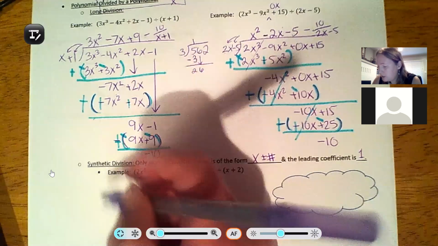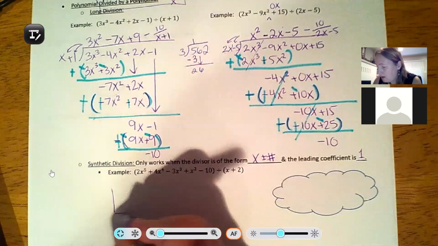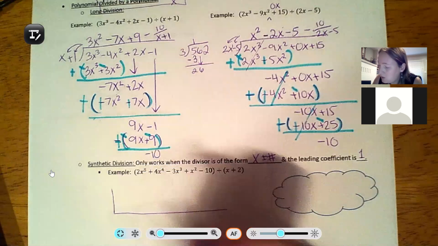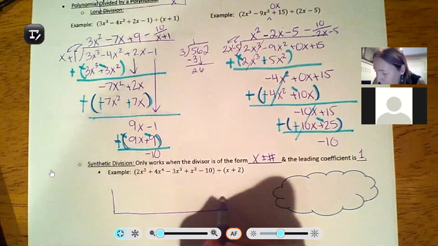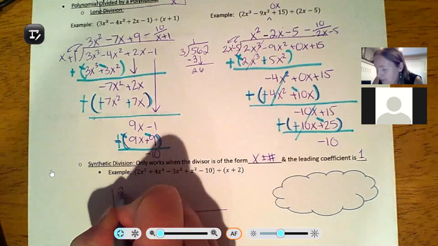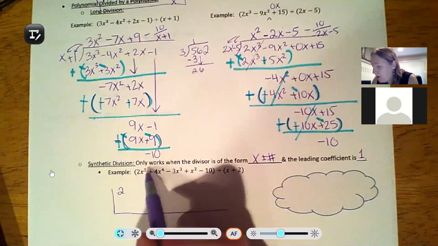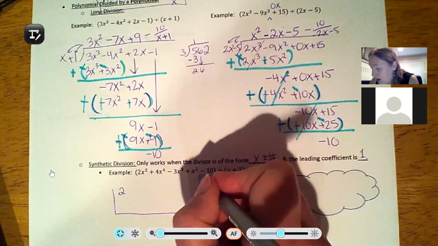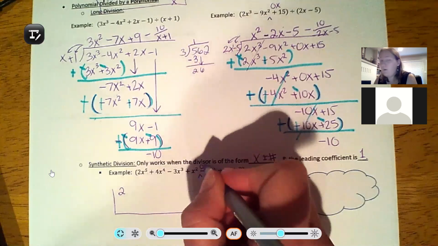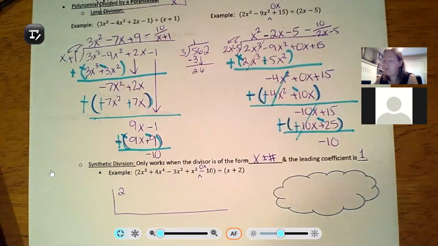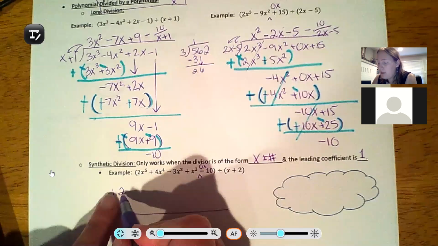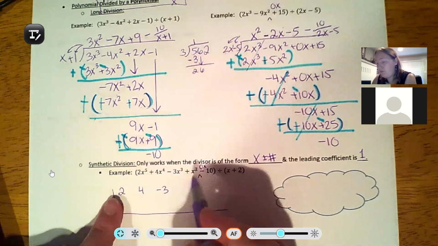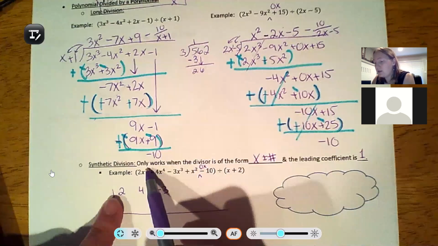So let's take a look at this example. Synthetic division, as I said, is a shortcut, and a method to keep track of things is kind of like the sideways L. So it's 2 lines worth. We put the coefficients of each of the terms. So this is the 5th power, 4th power, 3rd power, 2nd power. There's no first power. So again, we're going to put in a 0 placeholder, and you must do that because right now this is indicating that it's going down from whatever the highest is.